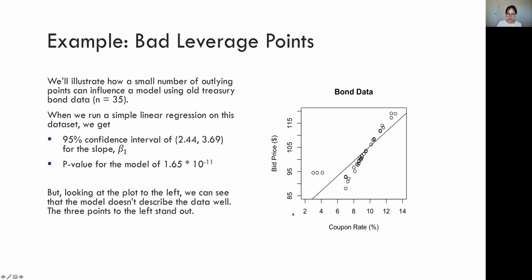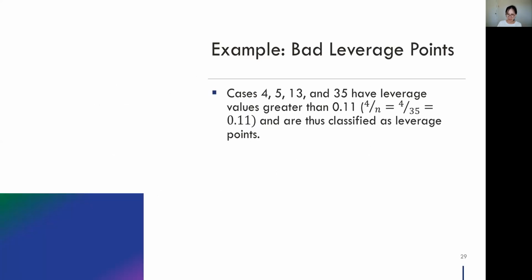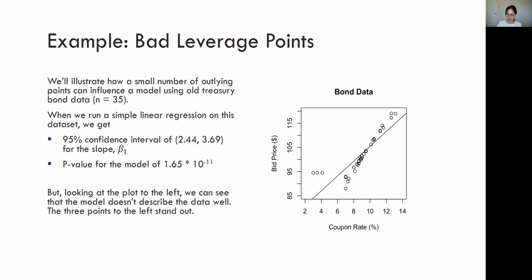But when we look at the plot here, we can see there are 3 data points that do not really follow your regression line, which means this line did not really describe your data very well. It has some problem, right? These 3 data points.